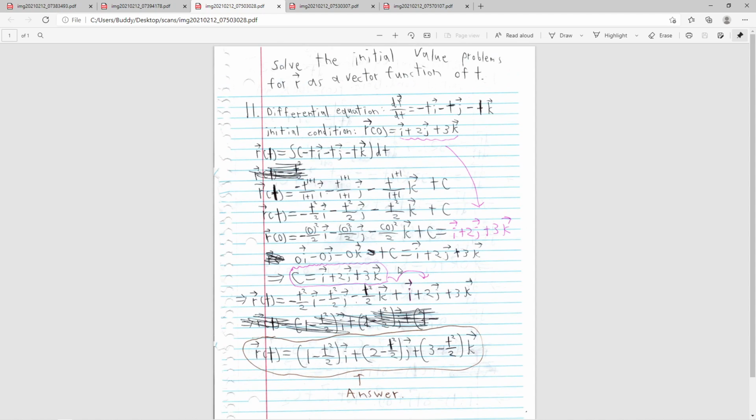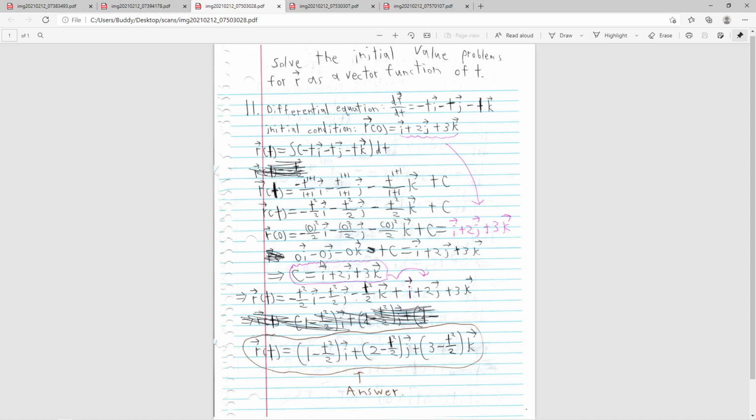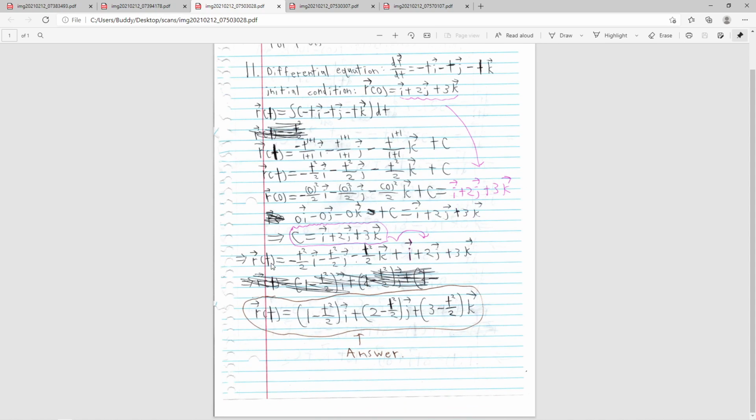Which is a somewhat common trait of these types of initial value problems, that a lot of things cancel out right away, at least in this section. And then r of t you can write as what's originally there plus i plus 2j plus 3k from the c value. Basically just plug in c, and that's your answer.